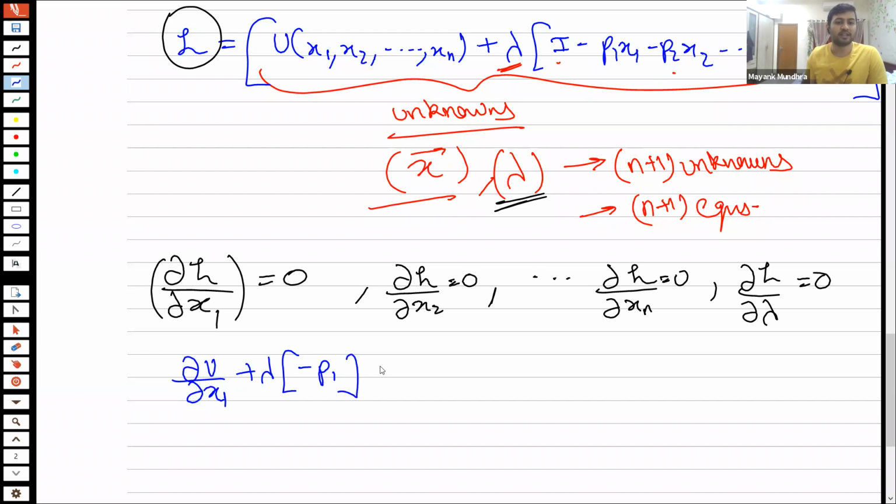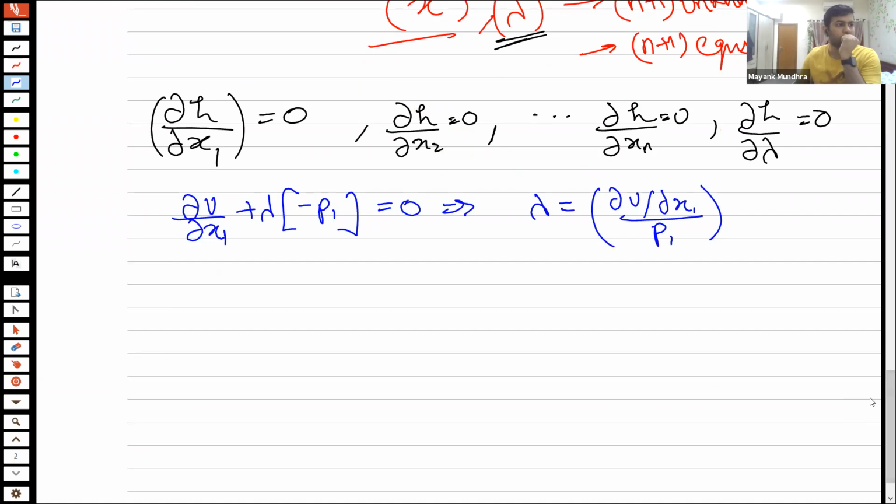So lambda times minus p1 equals 0, which gives me lambda equals del u by del x1 upon p1. This is the value of lambda. This is some equation that I got. Let me call this equation number 2. That's equation number 1.